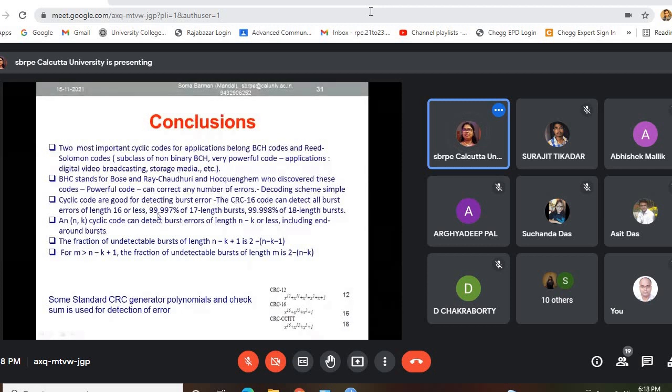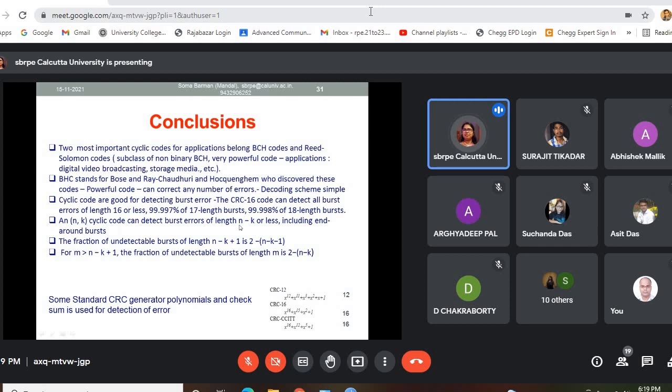Similarly, an (n,k) cyclic code can detect burst errors of length up to n minus k. If the length of the code is n, n minus k is the number of parity bits, so obviously it can detect n minus k bits of burst error, that is, n minus k consecutive bits in error.